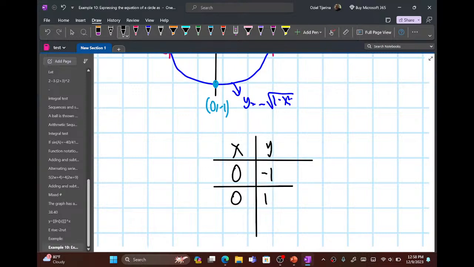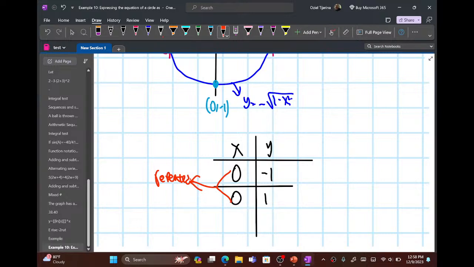So this implies that there's a problem here. These two repeated. And remember, if we look from earlier, we had said if that happens, then it cannot be a function.